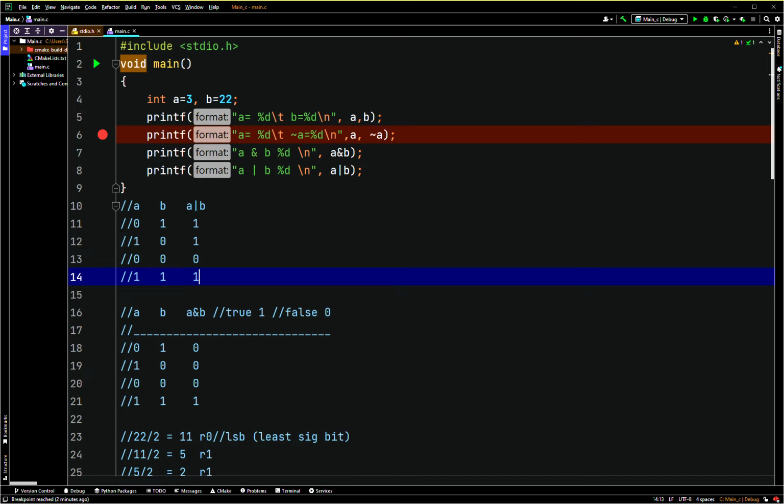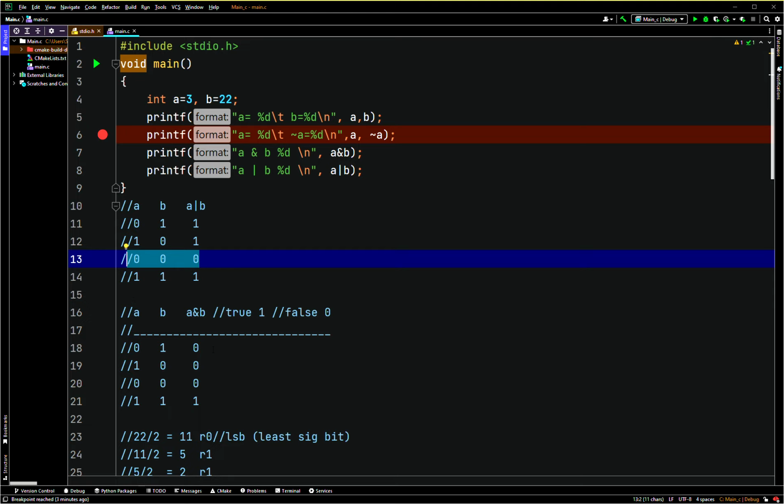I'll just double check that as well for you guys so I don't send you in the wrong direction. Yeah, if 1 is true, then it's going to be true. So that's correct. We should have 3 trues and 1 false. The only one that's going to be false is the one with 2 falses, or 2 zeros.